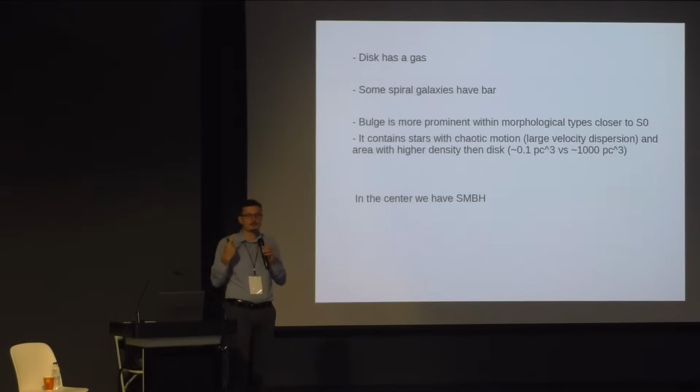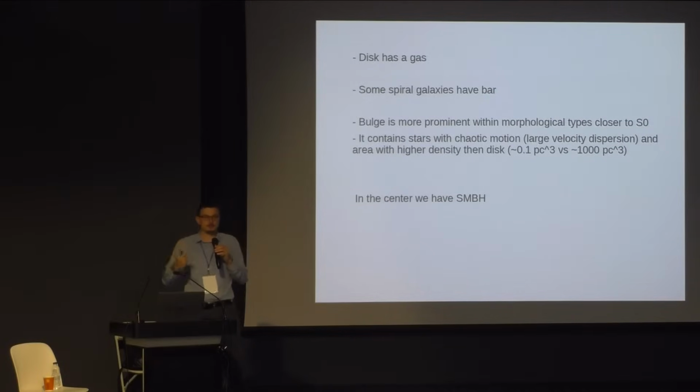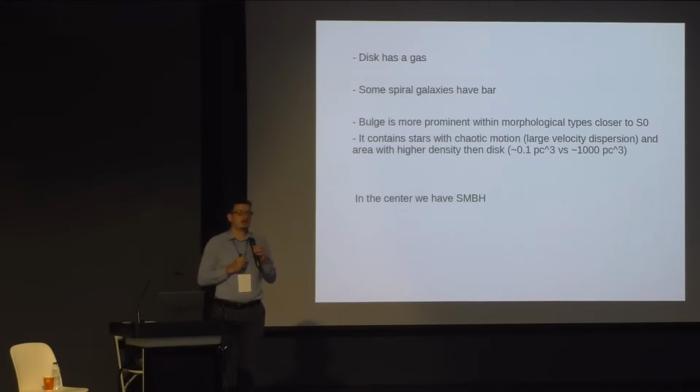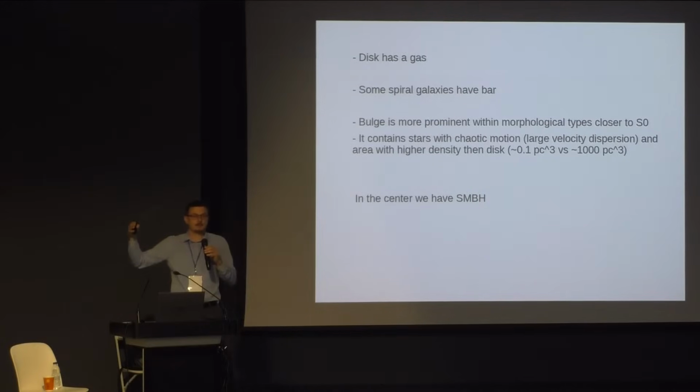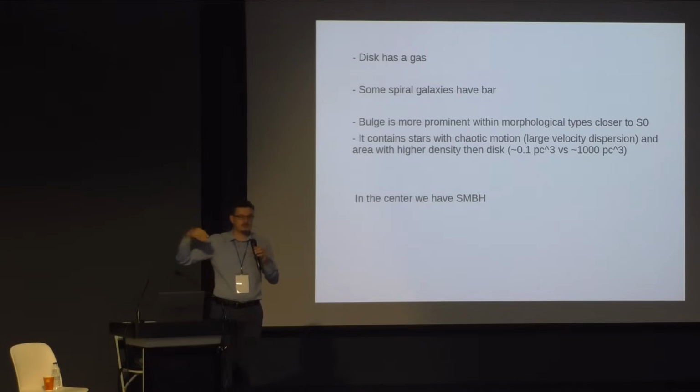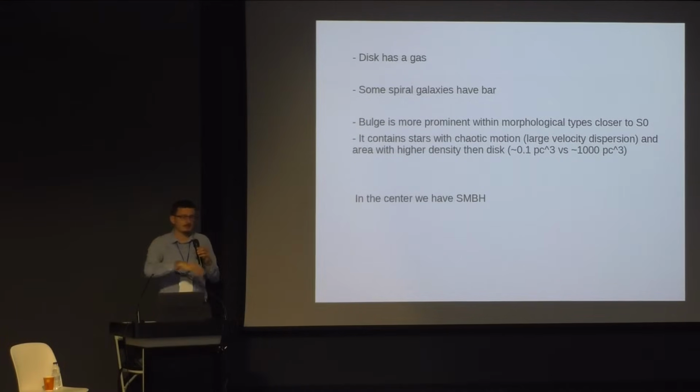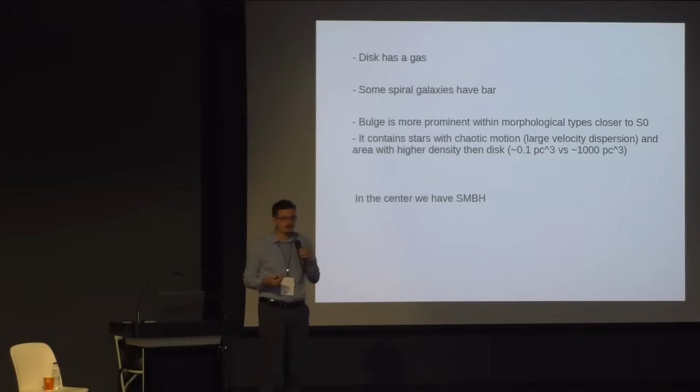For example, you can describe the disk with one rotational velocity at some distance, and you can say that at this radius stars are moving with that rotational velocity around the center of the galaxy. In the bulge we cannot do that, because we have a very large dispersion. What does dispersion mean?